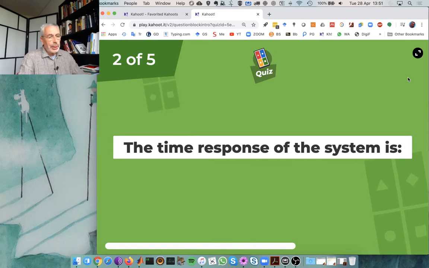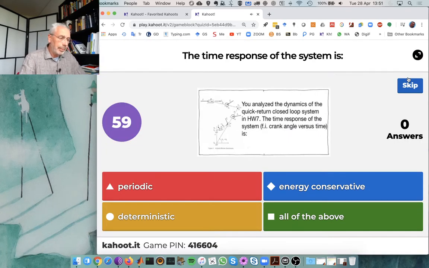Next question. Time response of the system is... This is about last week's homework, the quick return closed loop system from homework 7. There are a number of statements. Read them closely. There's only one real correct answer. Think about it. Take your time.